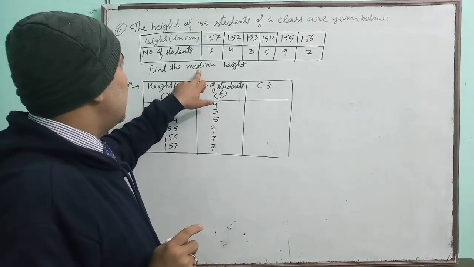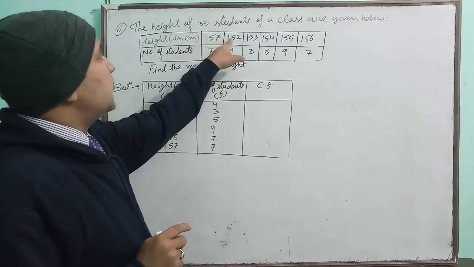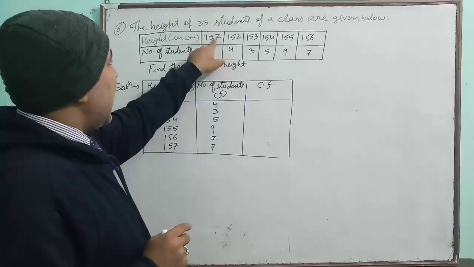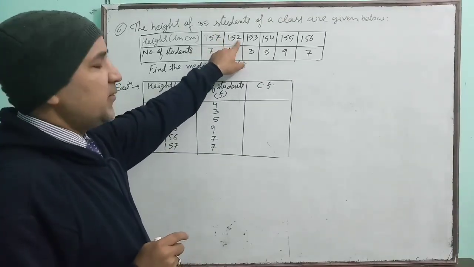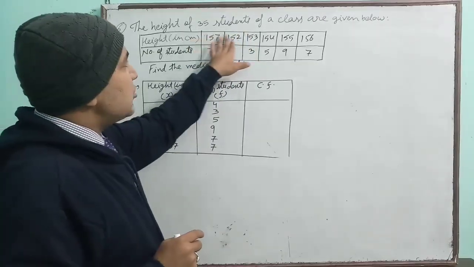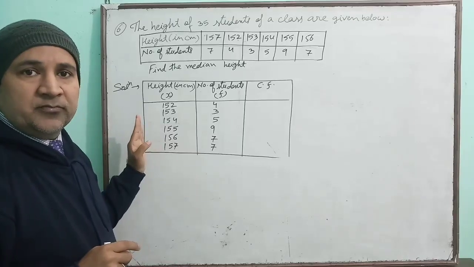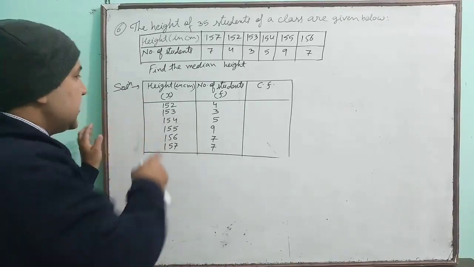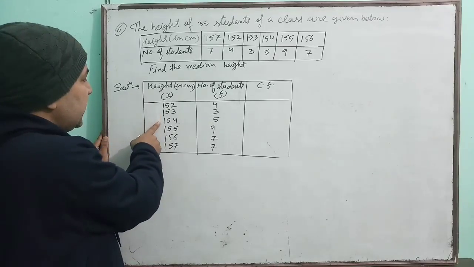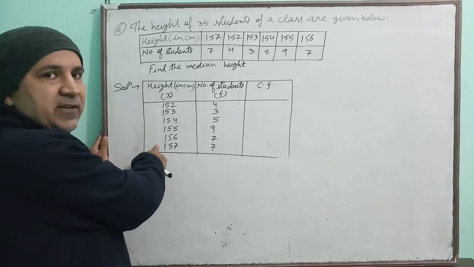Since you are going to find the median, arrange your observations in ascending order. You are watching that after 157 it is 152, then 153. So first arrange observations in ascending order in your data. See, I have arranged here 152, then 153, then 154, then 155, then 156, then 157.